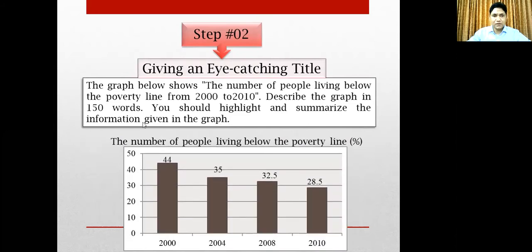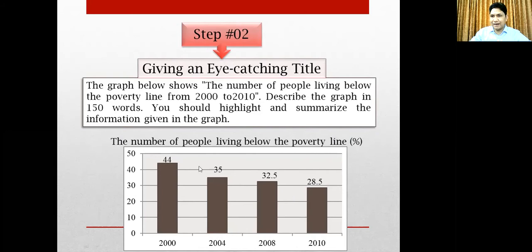Have a look. So this is the diagram usually set in the question paper. The graph below shows the number of people living below the poverty line from 2000 to 2010. Describe the graph in 150 words. You should highlight and summarize the information given in the graph.